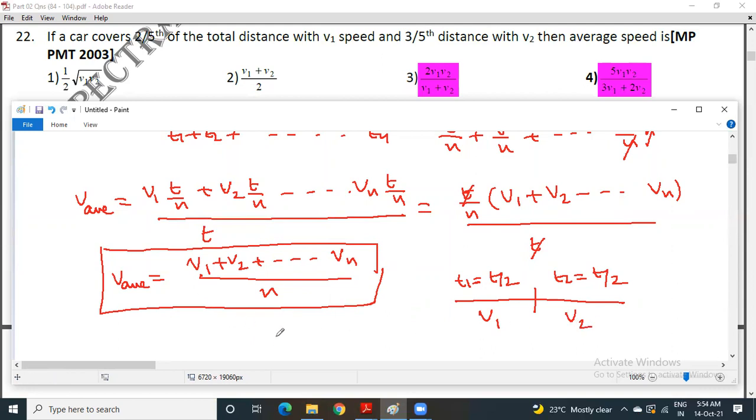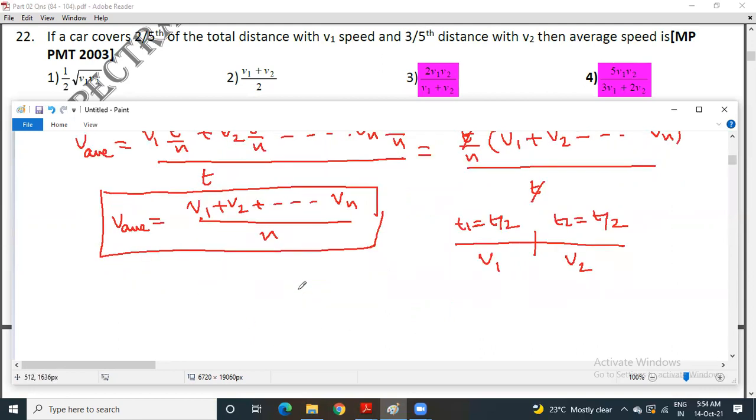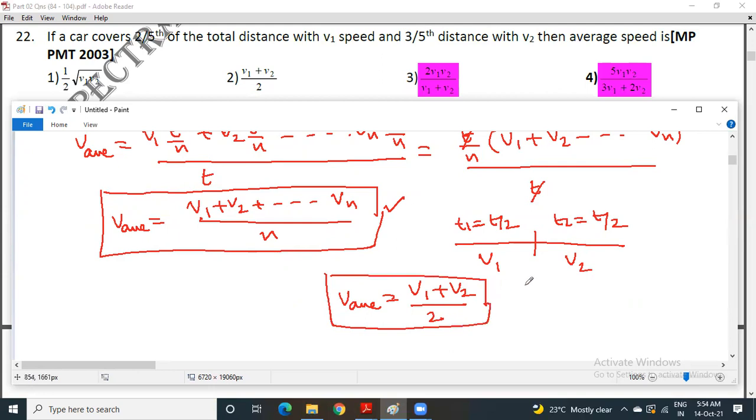So therefore, based on the formula, V average is equal to V1 plus V2 by 2, as n is 2 now. If you are interested, you can substitute some values taking V1 equal to 50, V2 equal to some 60. So accordingly, you will get the answer for V average.